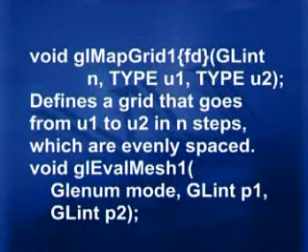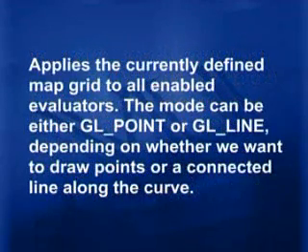The way we write the map grid function is that glMapGrid1 f or d makes use of GLint n and then u1 and u2, the two parameter values giving the range for u. Now this defines a grid that goes from u1 to u2 in n steps, which are evenly spaced. void glEvalMesh1, on the other hand, makes use of GLenum mode and GLint p1 and p2. Now this applies the currently defined map grid to all enabled evaluators.